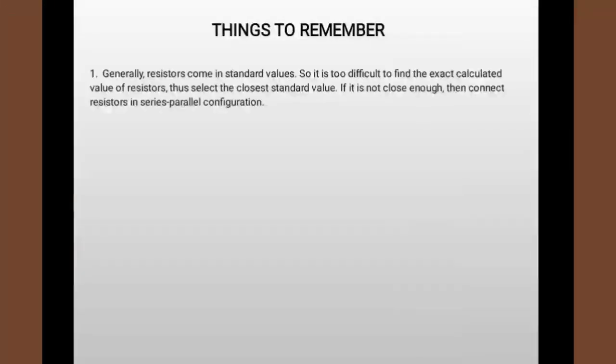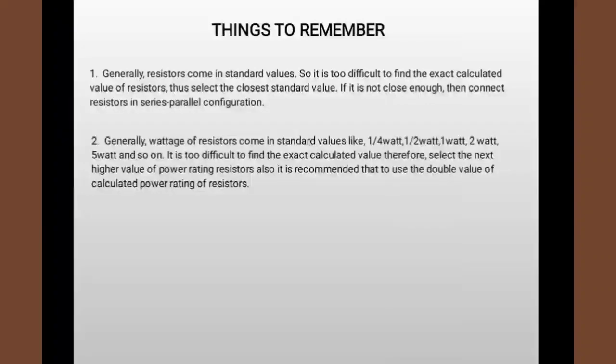Until now, we have learned how to design an LED circuit of different combinations. To make this circuit, we have to remember a few important points. Generally, resistors come in standard values, so it is difficult to find the exact calculated value of resistors. Thus, select the closest standard value. If it is not close enough, then connect resistors in series parallel configuration.